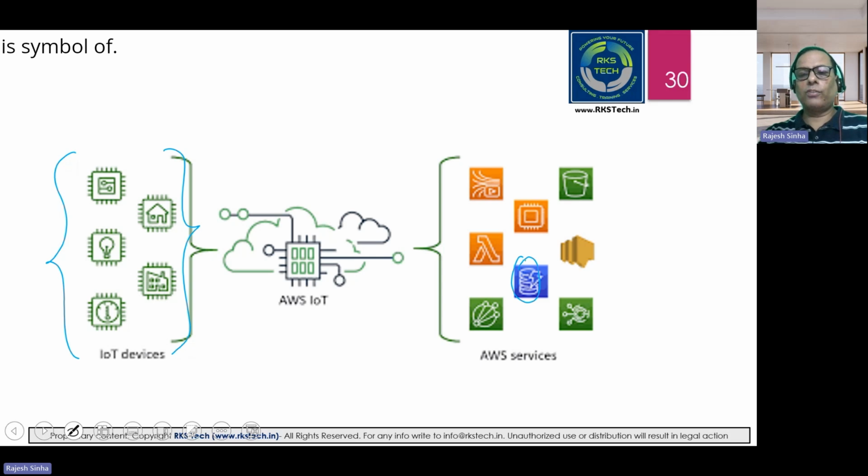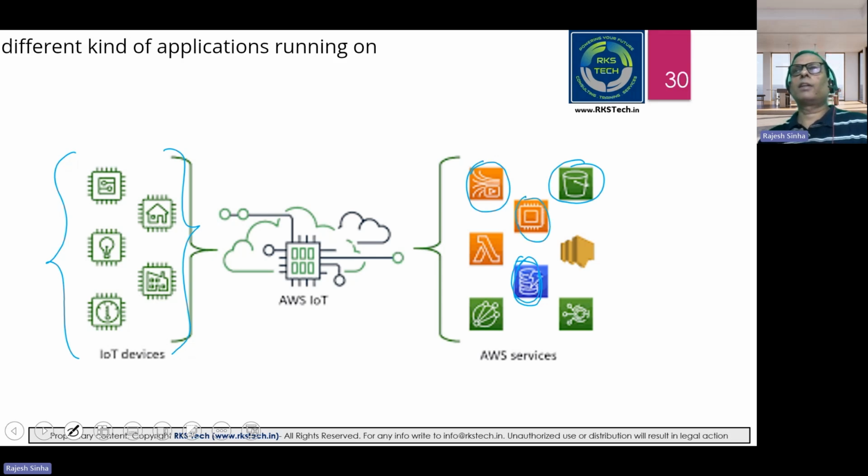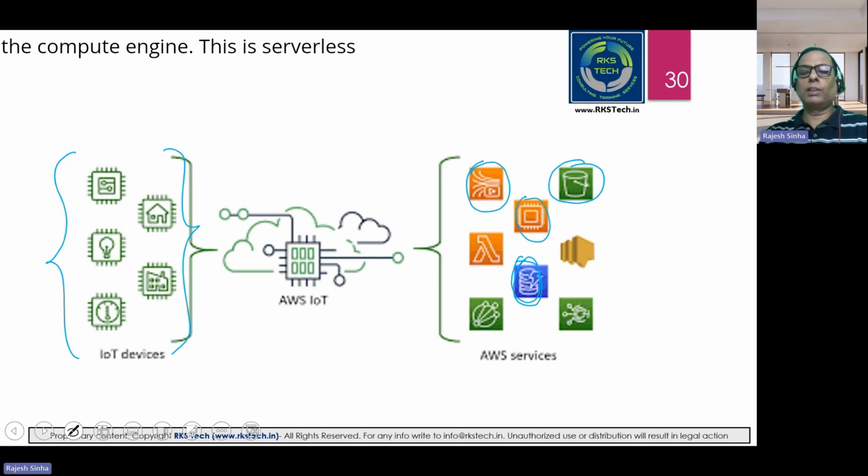This is the symbol of DynamoDB, which can store massive amounts of data. Then you have different kinds of services. This is for stream processing. This is for S3 storage, the bucket storage. This is the compute engine. You can have different kinds of applications running on the compute engine. This is serverless computing, which is again a compute engine where you can run different kinds of applications. So there are many different kinds of services on the backend system.